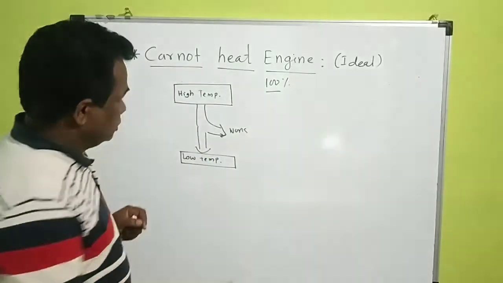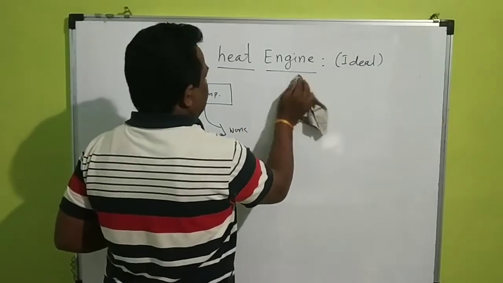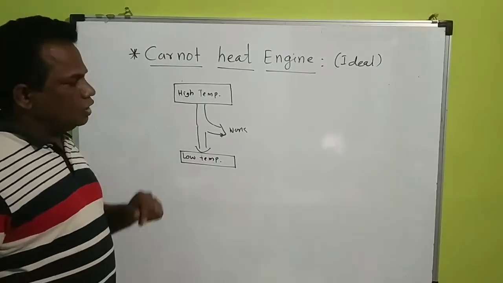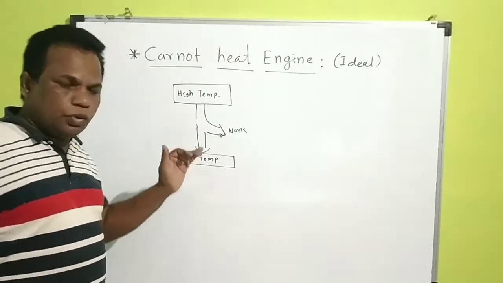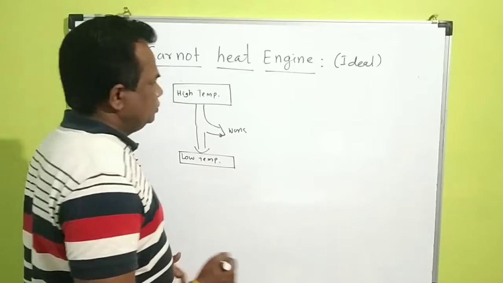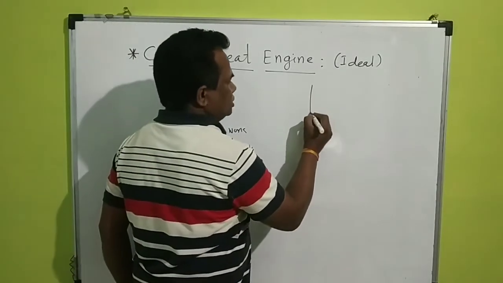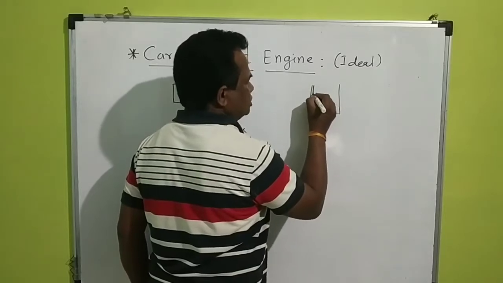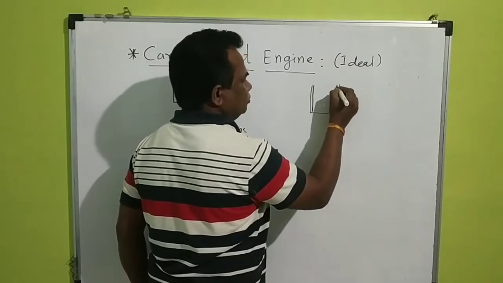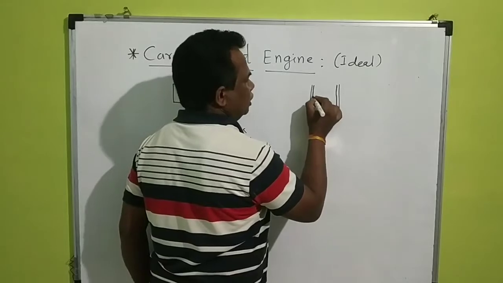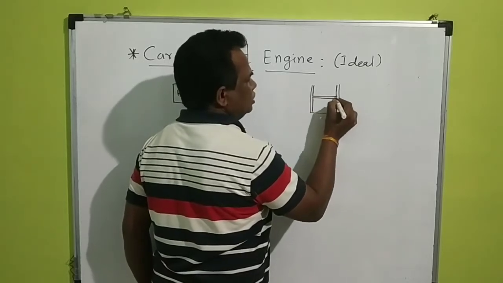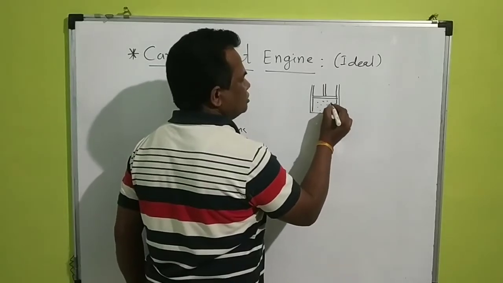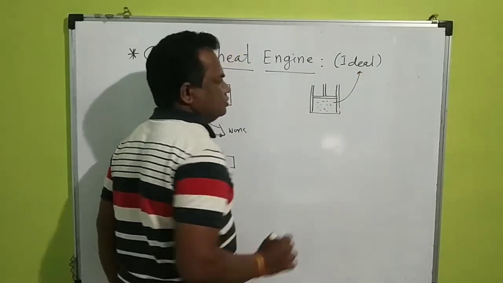Now we are going to discuss what exactly the Carnot heat engine consists of. This Carnot heat engine consists of 4 different parts. The first part is the working substance, which is a gas cylinder consisting of the ideal gas.